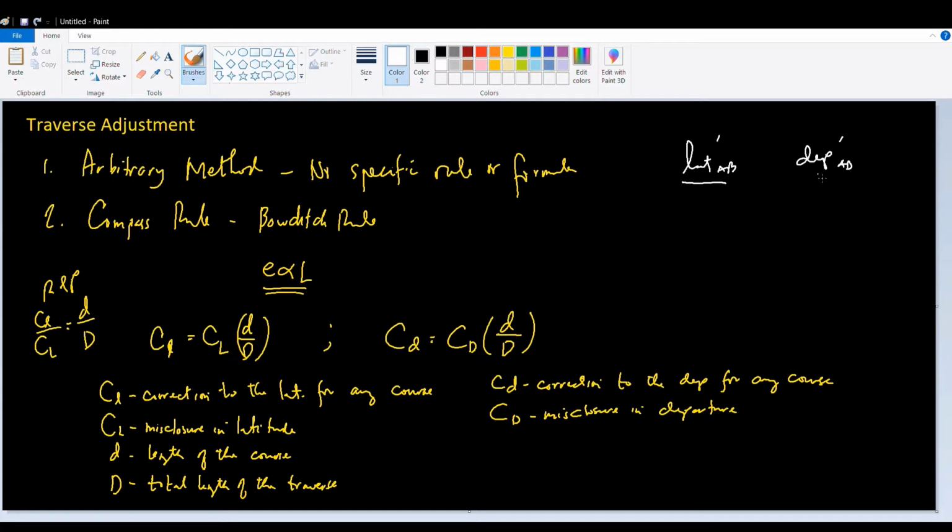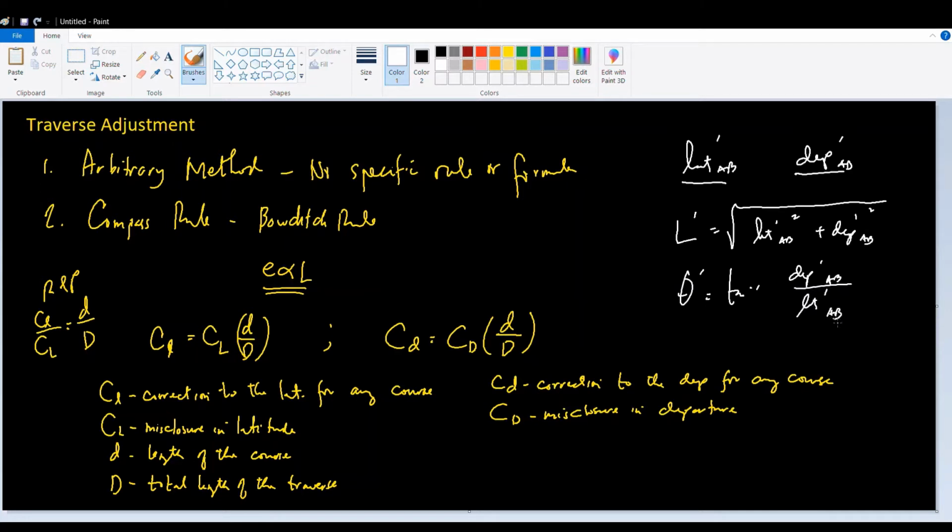Once we have adjusted the latitudes and the departures, we can then adjust the length, and we shall refer to it as L prime, which is equal to, of course, applying the Pythagorean theorem: lat prime of the course squared plus dep prime of the course squared. And for the bearing or the angle, theta prime, it will be the arctangent of dep prime of the course over lat prime of the course.